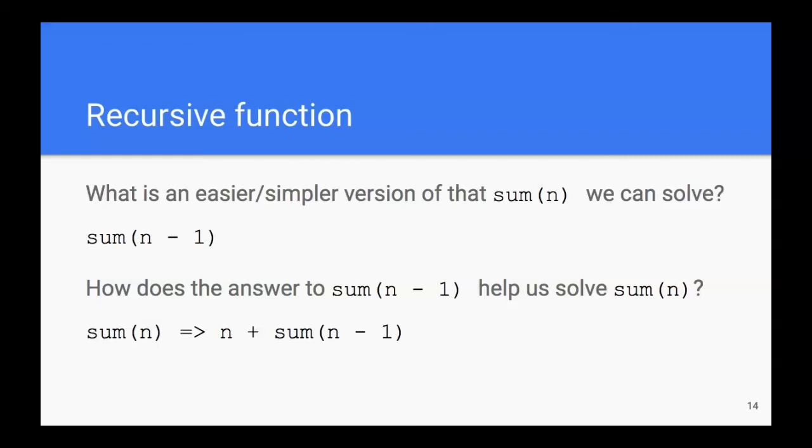I hope that kind of makes sense, right? Because let's say we're trying to solve sum of 3, then sum of 3 is really equal to 3 plus the sum of 2.